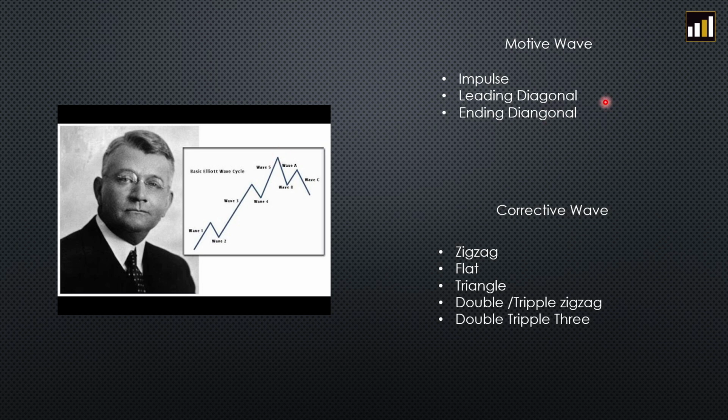So we're not going to go into all of these things here, impulse, leading, diagonal. All we want to know is that when it's motive, it wants to go somewhere. It has a long journey, it's trending somewhere. And then also it has a corrective pattern, people taking profits here and there.